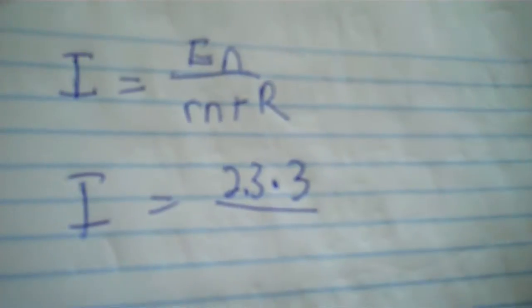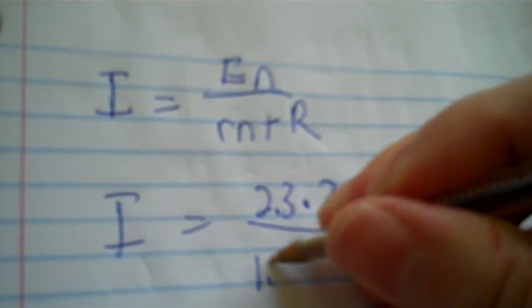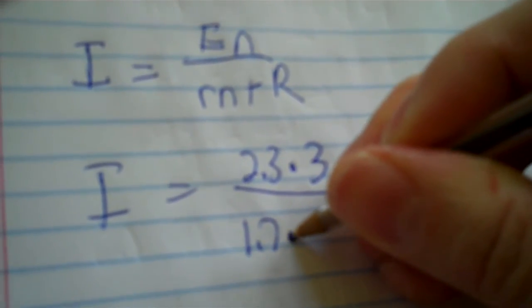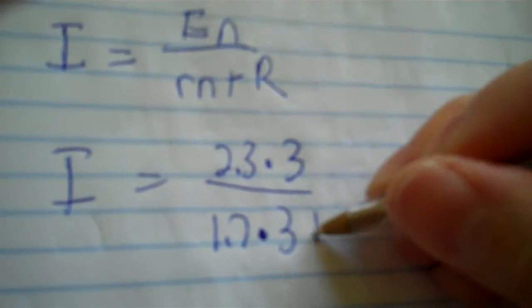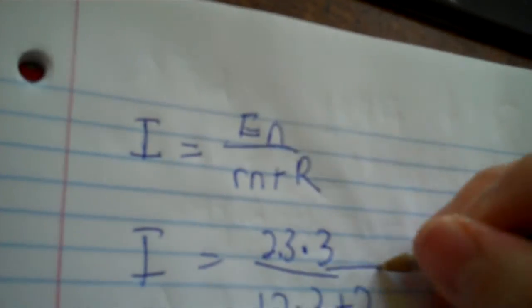There's 3 of them. Now on the bottom you got lowercase r, the internal resistance, which is 1.7. Remember, n's the number of cells, so again times 3, and then plus capital R, that's the external resistance, and the external resistance is 2.